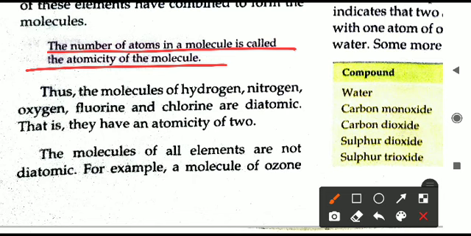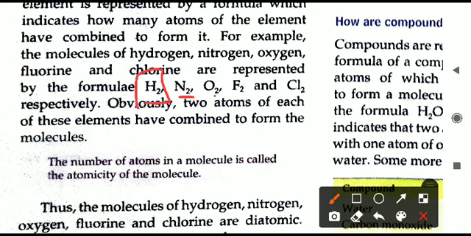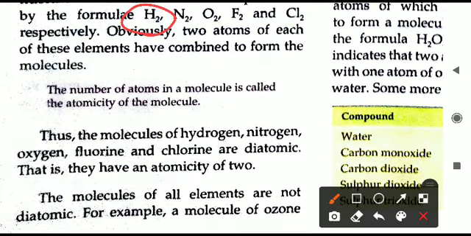If we talk about the molecules of hydrogen, just now we have seen the formula is written H2, N2, O2, F2, Cl2. In every molecule you will see 2 atoms are present. So this number of atoms tells us the atomicity. The atomicity of the hydrogen molecule is 2. For nitrogen, oxygen, fluorine and chlorine molecules also, it is 2, because only 2 atoms are present in their molecule.